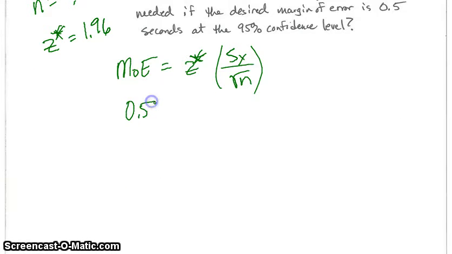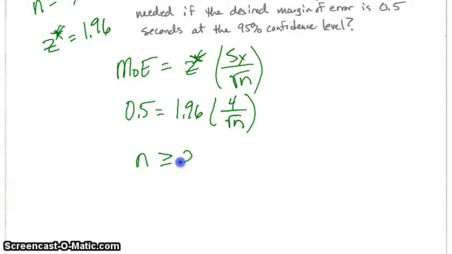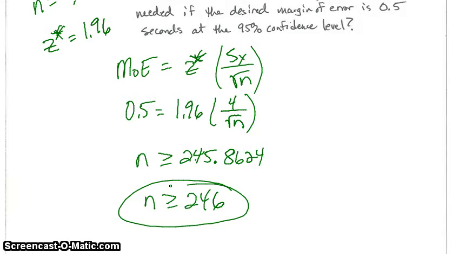We have 0.5, 1.96, and then we know that this is 4 over the square root of n. Okay? Hopefully, you're going to use your nice math, and you're going to get n greater than or equal to 245.8624. Therefore, n is greater than or equal to 246 is what we're looking for. There we go. Ready to rock and roll.